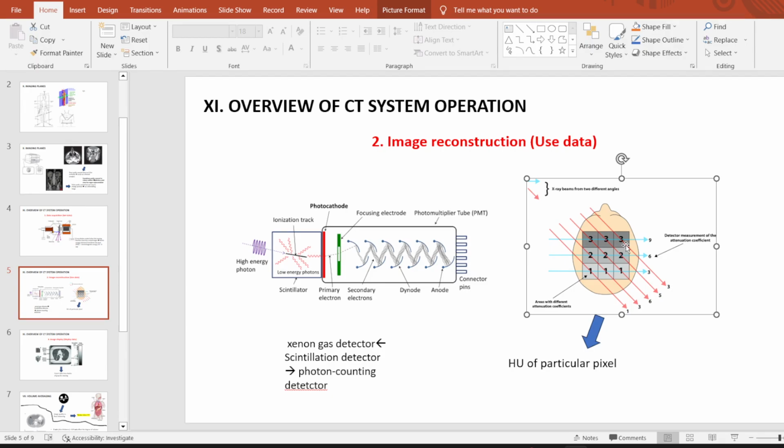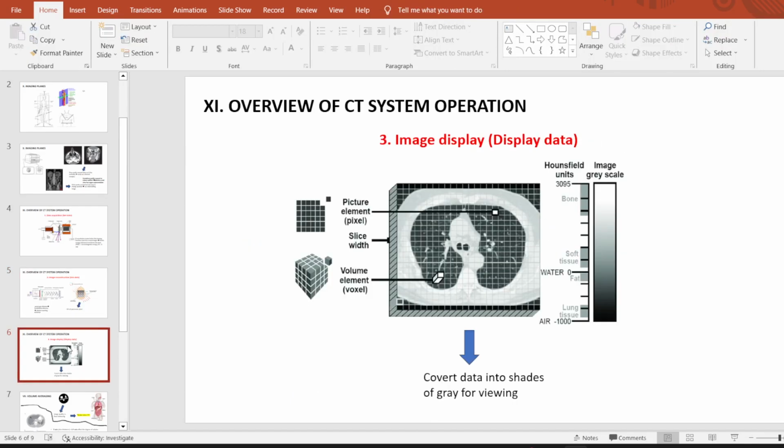That's what we do, and we have gone through about 80% of this process. The final thing is the way we display data. We already have a Hounsfield unit for every single pixel. The remaining task is simple. We convert the Hounsfield unit in each pixel into a grayscale, and that's how we have our final image.